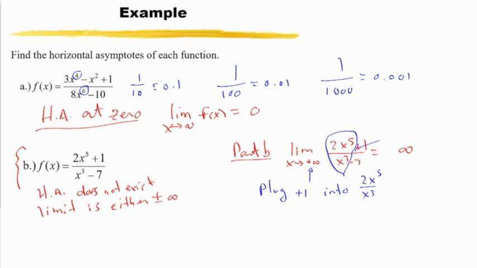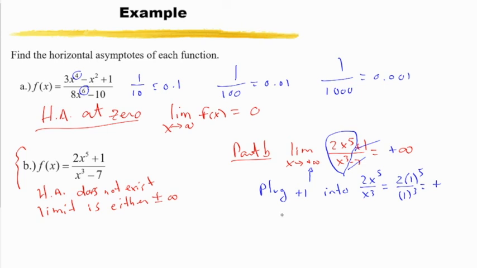X to the 5th does far more than plus 1 in the expression, and x cubed does far more than negative 7 in the expression. So when we plug in plus 1 into the lead terms, it gives us 2 times 1 to the 5th over 1 to the 3rd, which gives us a positive number. So we put a positive number there.